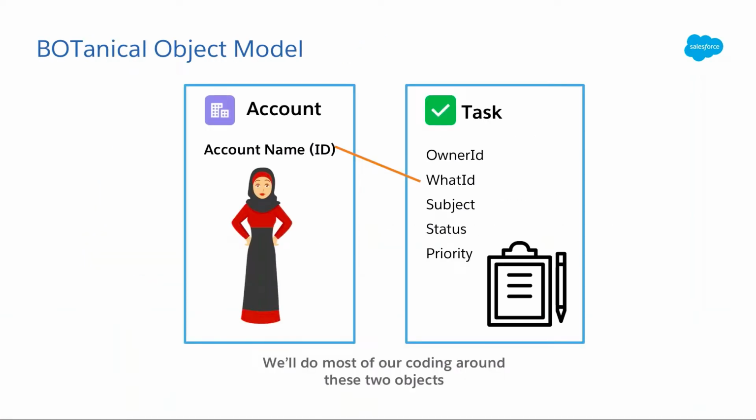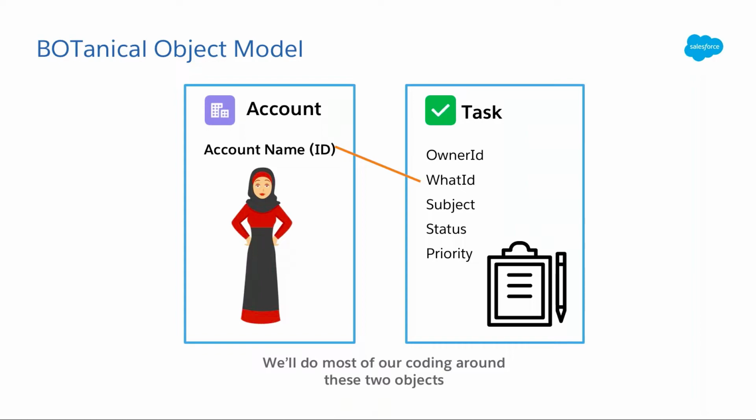So let's look at the object model before we dive into the actual code. We use two standard objects here, the account and the task object. Now we could also be using custom objects and fields, and if you saw __c, that's your sign that we're looking at a custom object or a custom field.